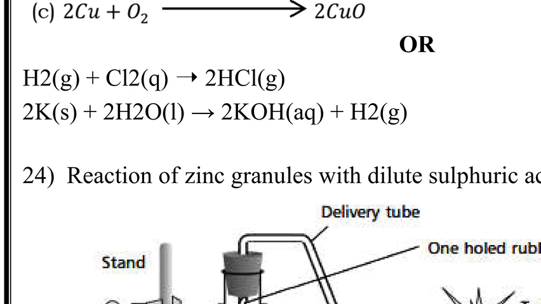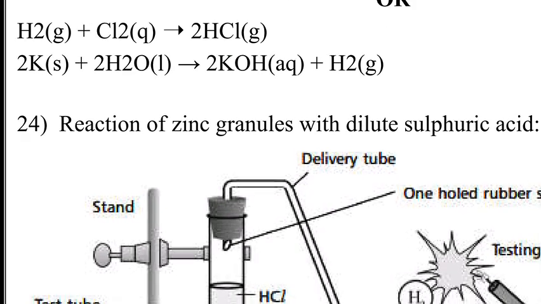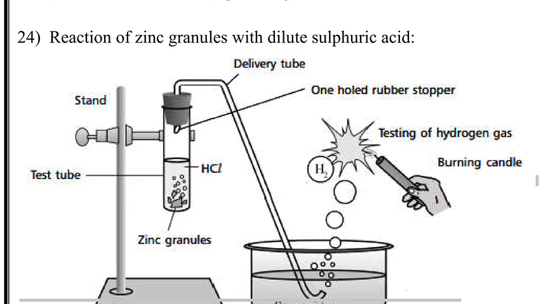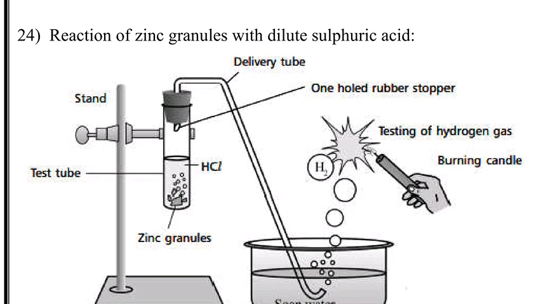Okay, let us move to the next part, that is question number 24. Again, one diagram is asked. I hope this diagram you have already learnt. Draw the diagram of the arrangement of apparatus to show the reaction of zinc granules with dilute sulfuric acid and testing the hydrogen gas by burning.